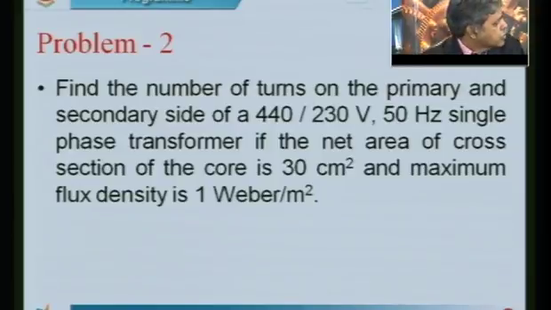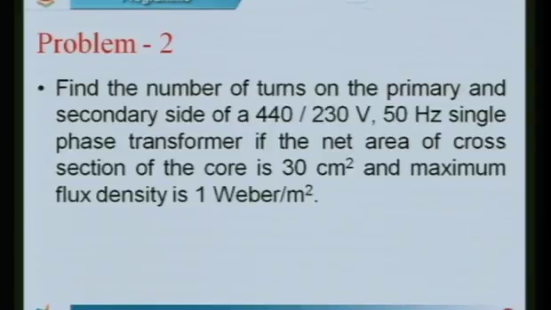It also depends on the same EMF equation. I have the two equations here, voltage induced in the secondary and voltage induced in the primary winding. So find the number of turns on the primary side.